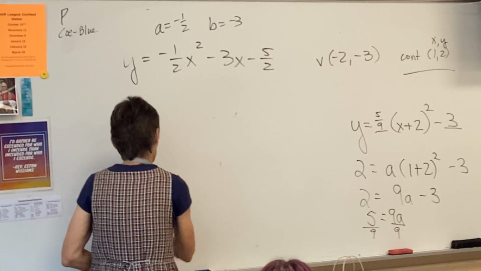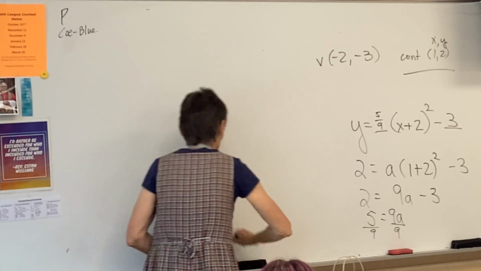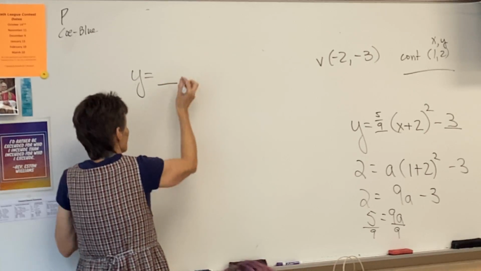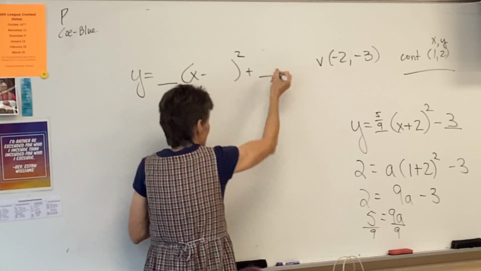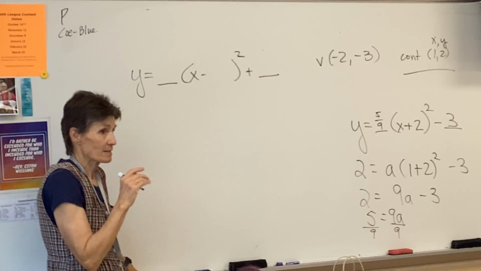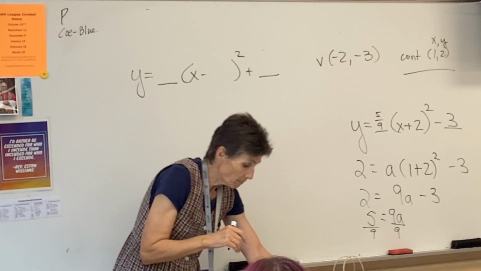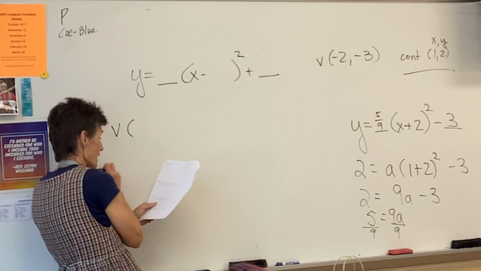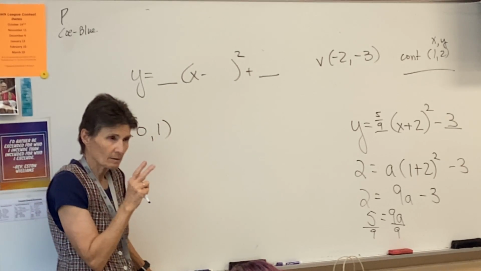Remember, the vertex form is y equals something, x something squared, plus something. That's the vertex form. For problem B, we know that our vertex is 0, 1. So stop right there.